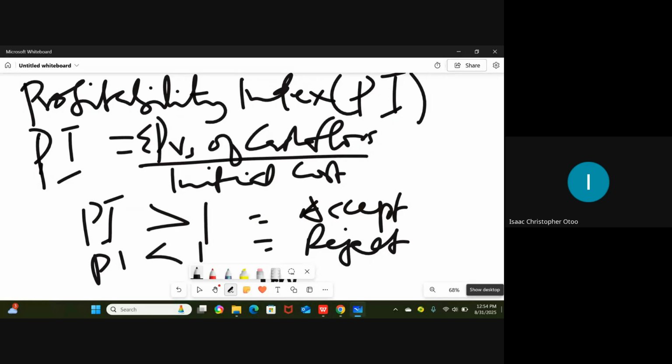Now that we have already calculated the NPVs, with project A, what value did you get? The sum of the present values, before you deducted the cost from it. The total PV, what did you get? The first one was 5,855.87.